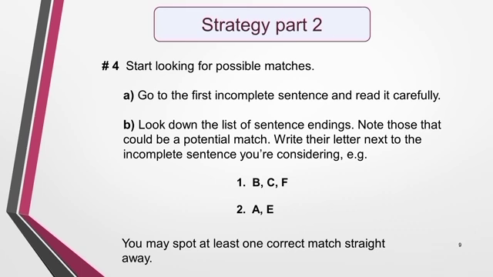You'll probably spot at least one obviously correct match straight away, and certainly many that can't be correct and can be quickly eliminated. This won't take too long and you'll end up with a comprehensive list of potentially correct answers. Doing this first will narrow down your search considerably when you come to look for the right answers in the text.